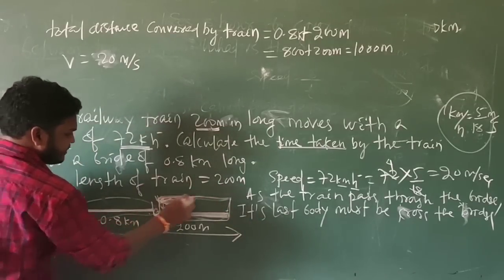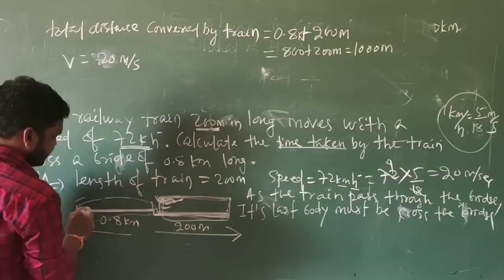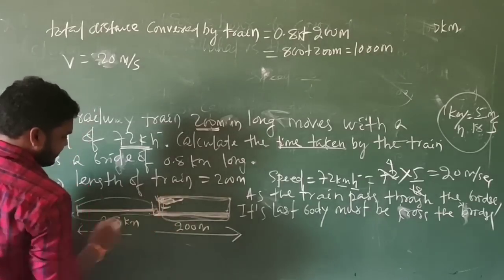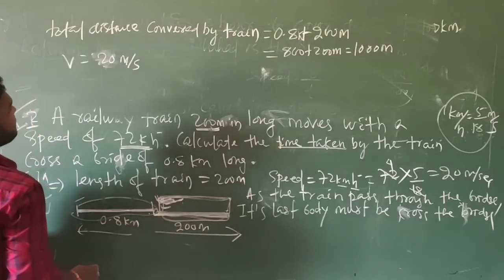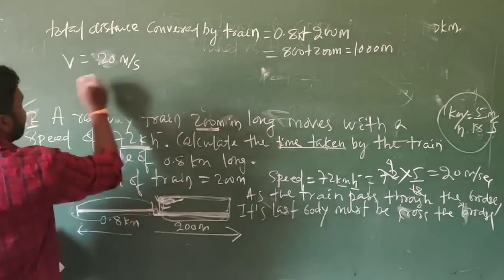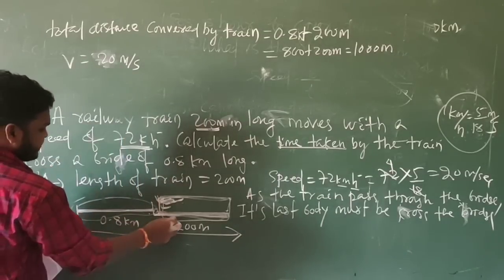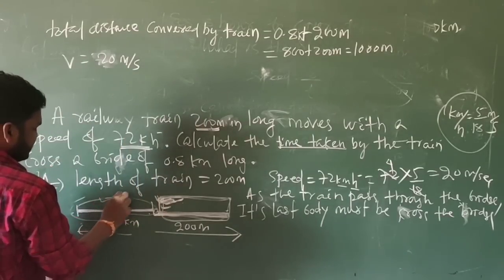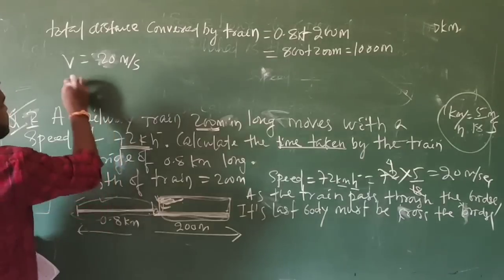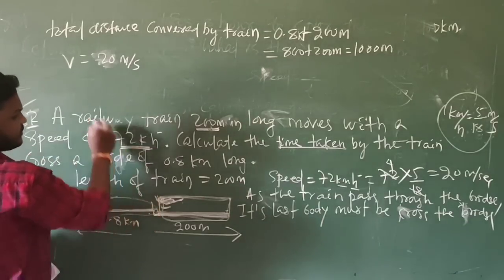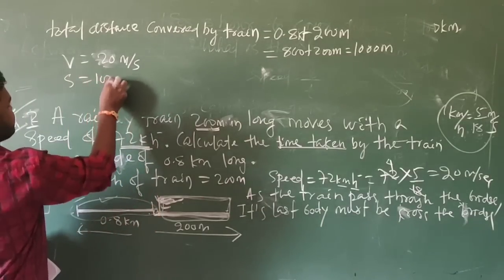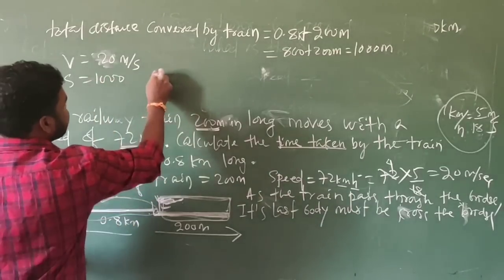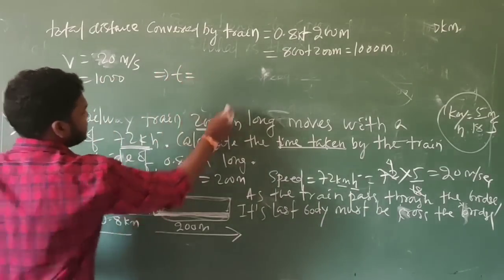Then we say that this train passed through the bridge, which means the total distance covered is 0.8 kilometer plus 200 meter. So we got the distance, 1000 meter.